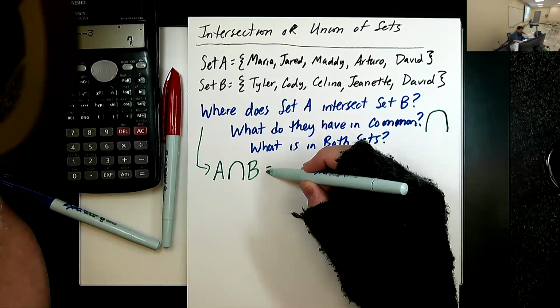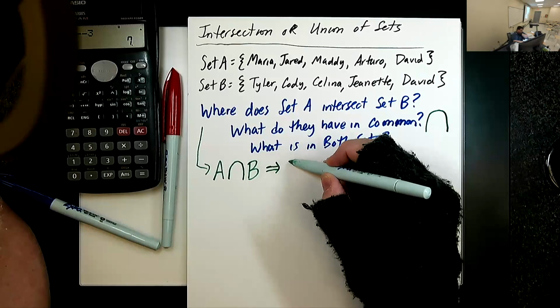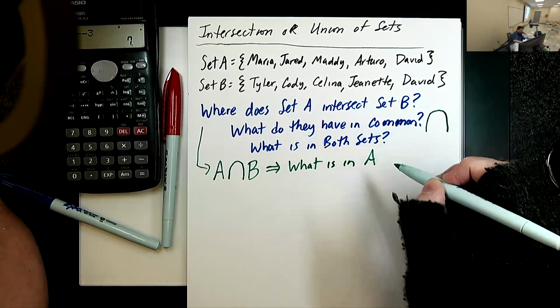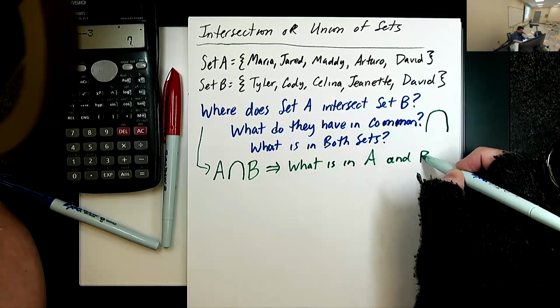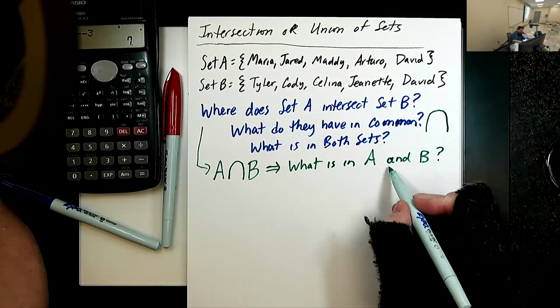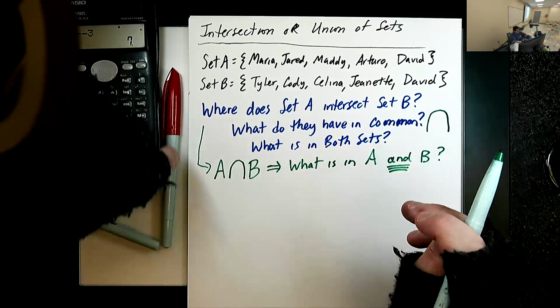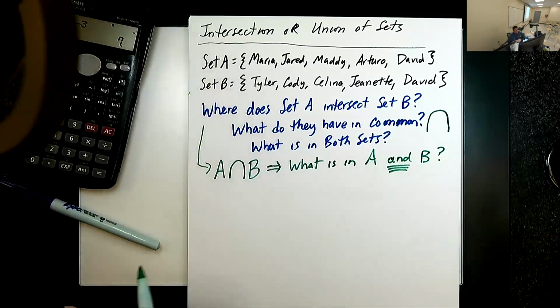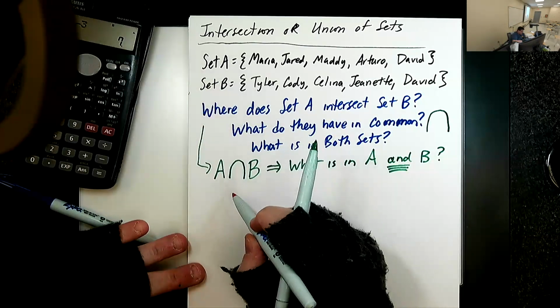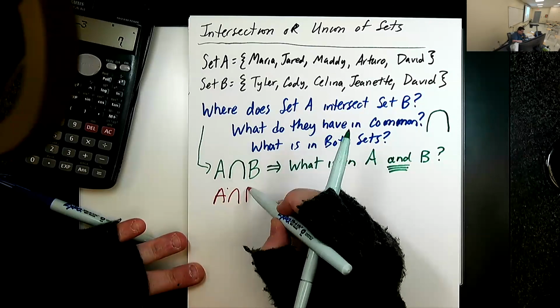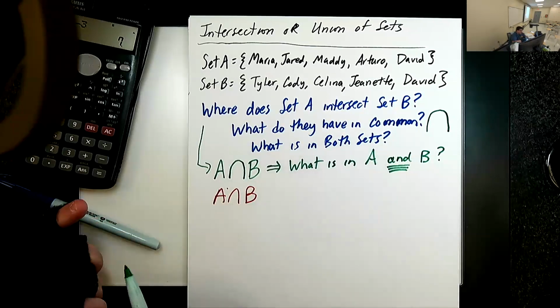And so a handy way of looking at this is what is in A and B? And what is in both? Well, if I go down the list of names, let's go at the second set.